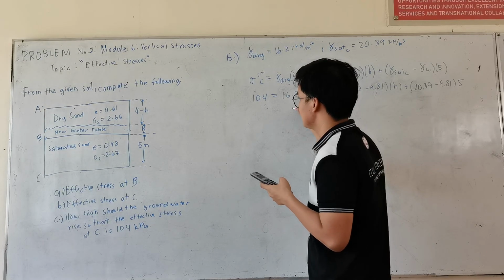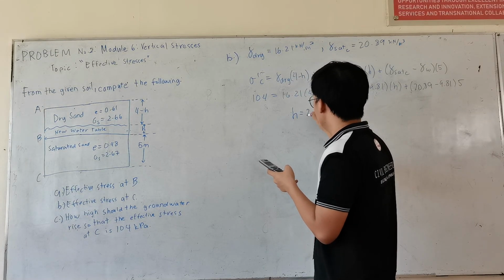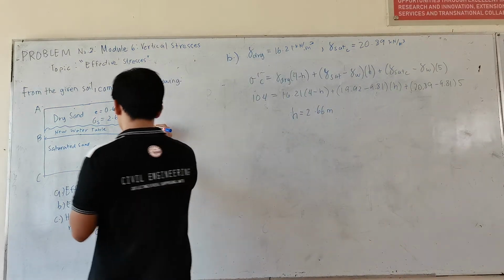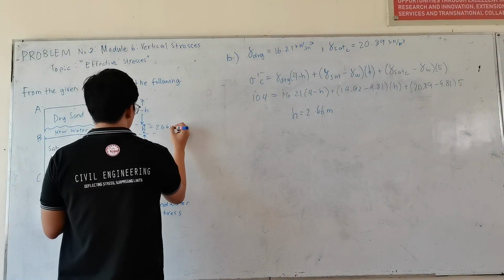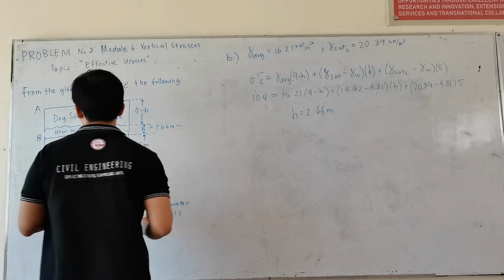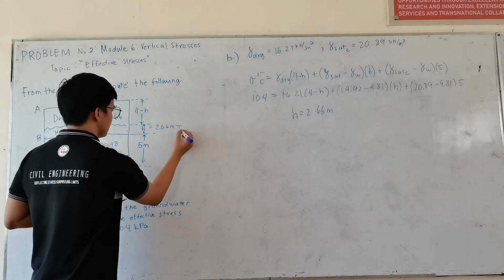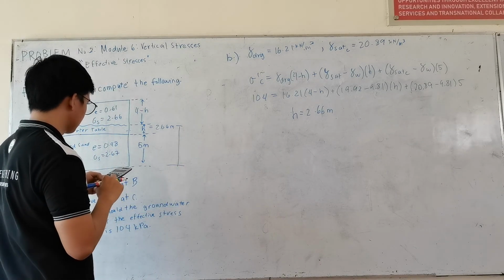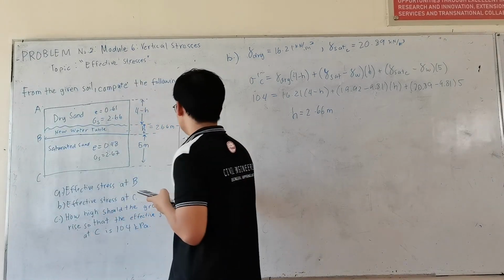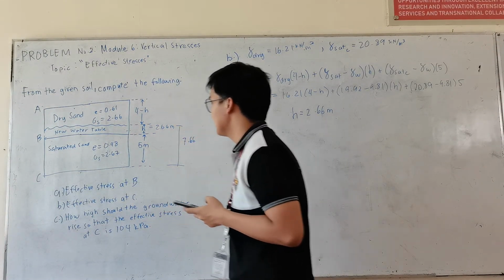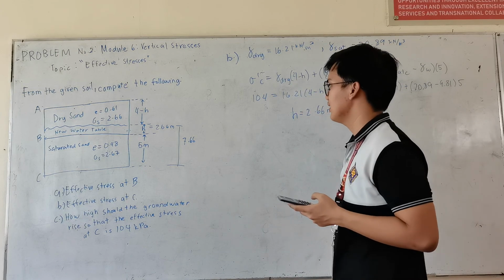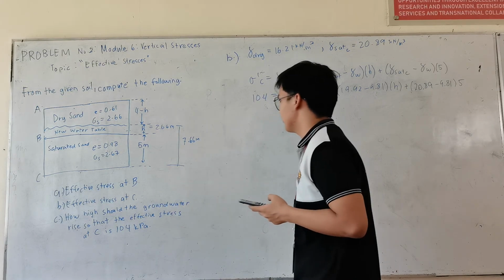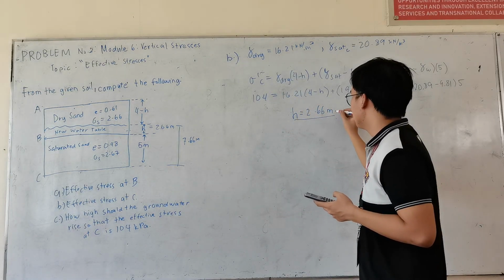So, ang height natin is H equals 2.66 meters. So, ang total height above the C is, pagsamahin natin yan, dapat 7.66 meters yung taas ng water table para makuha natin yung effective stress sa C na 104 kilopascal. Ito ang pinaka-final answer natin.